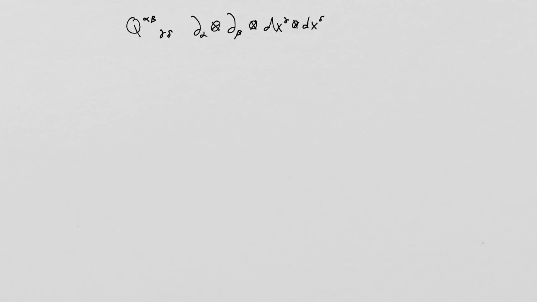Now the matrix that executes these transformations we always call lambda. So in this case we'll go lambda alpha, alpha prime, partial alpha equals partial alpha prime. So this is the transformation matrix of the basis.